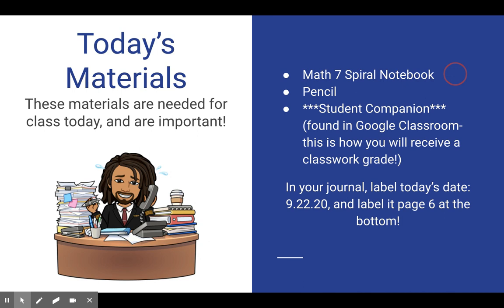So all of the things that you'll need for this independent time or asynchronous session is all in the same post. So make sure that you find today's student companion in Google Classroom. And then you're also going to put all of our notes today in your journal, and we're going to label it 9/22, September 22nd, and we're going to label it page 6 at the bottom of our notebook.